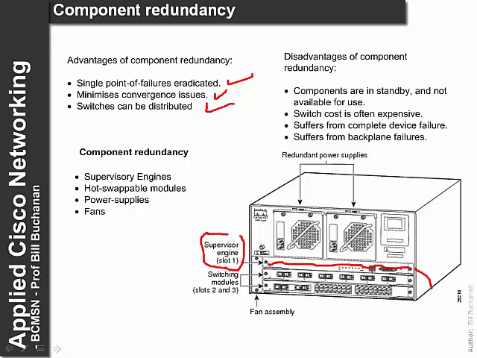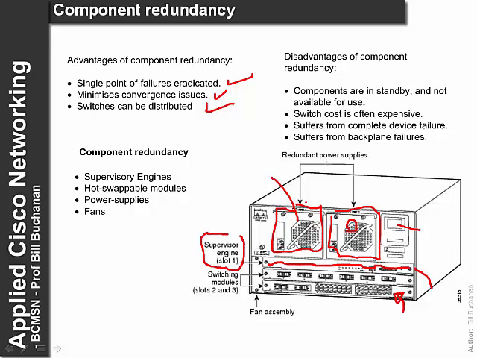We can have hot swappable modules. Even though the power is still on, we can actually plug modules in and out in the case of a failure. Power supplies are an obvious point of failure, and we would typically have two power supplies, one of which is redundant. If one fails, then the other one will take over.